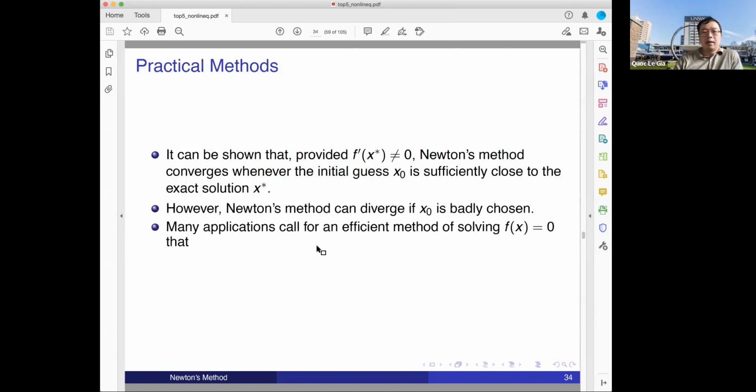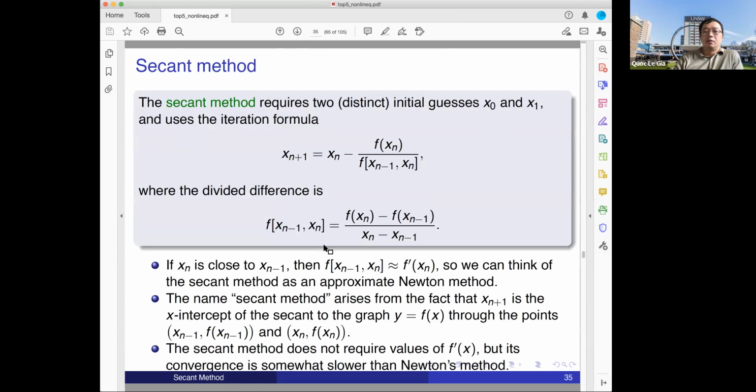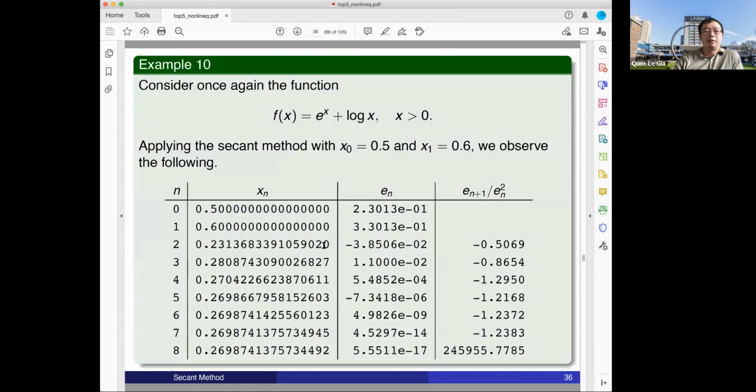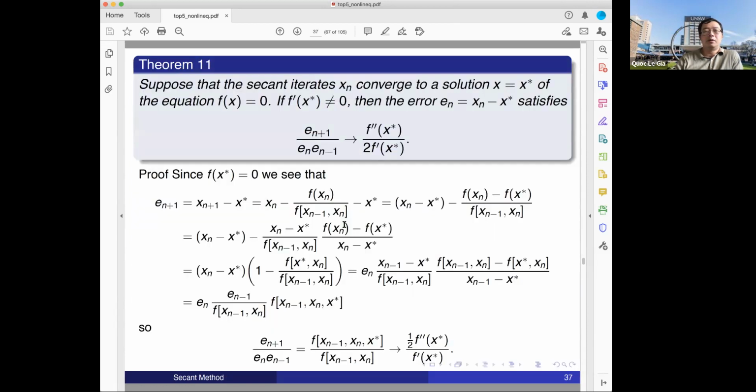So then how about the secant method? Now the secant method is a bit tricky, but just make a guess. What is the order of convergence of the secant method?